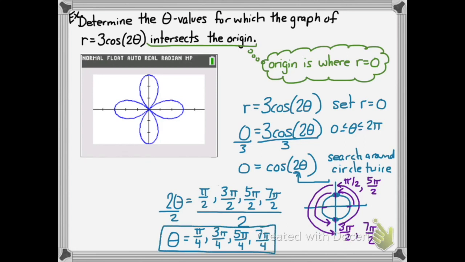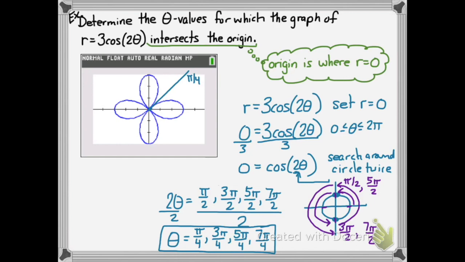And if I go back up to the drawing that we have up here, if I look at an angle of pi over 4, that's the 45-degree measure, here is an angle of pi over 4, and what I notice is that at that angle, the graph is right at the origin.